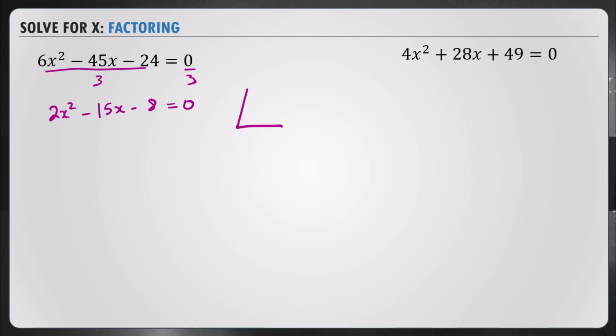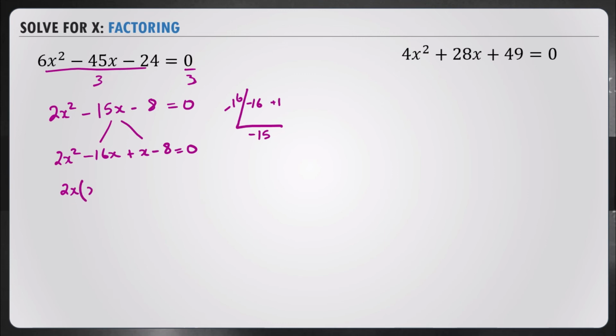Using the box method, we get negative 16 here and negative 15 here. And the answer is 16 times 1, negative 16, and positive 1, right? Gives me negative 15. So let's split this into negative 16x plus x minus 8 and bring the 2x squared down is equal to 0.